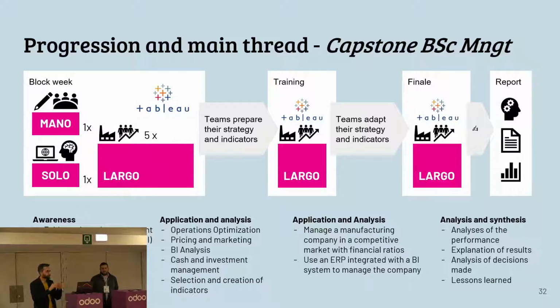They use Tableau for dashboards and business intelligence extensively in this class, in complement with Odoo. The goal of this class is to have them perform well in the final, but also to reflect on what they did by submitting a report that synthesizes all they learned during the class.